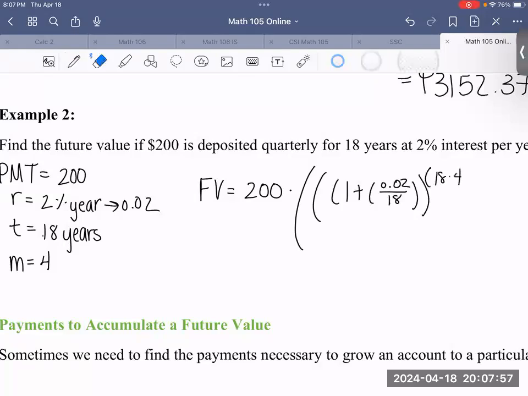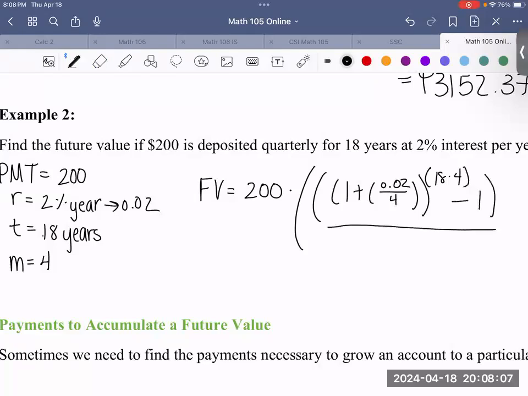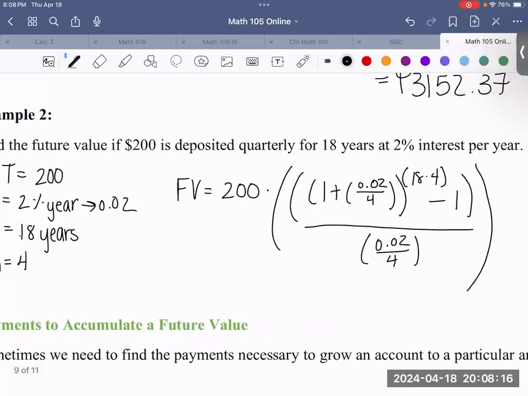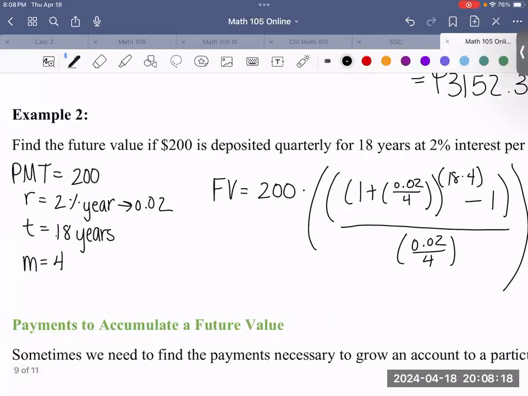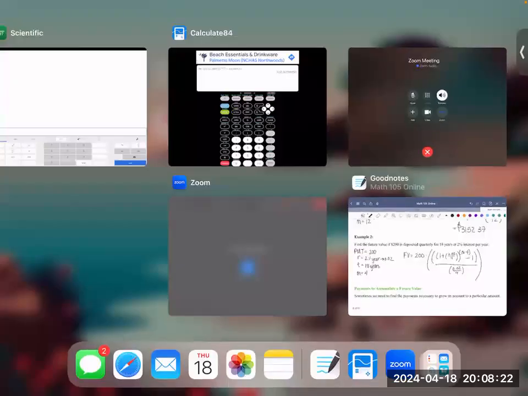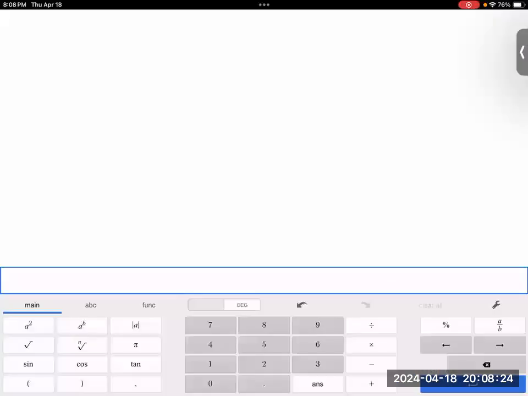And I don't know why I put an 18 on the bottom when I know our compounding is quarterly. Minus 1, close my parentheses, divided by, again, that division, and then close my last one. I just want to double check everything one more time. Make sure I divided correctly. Perfect.